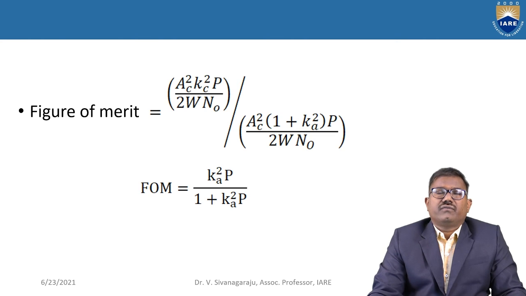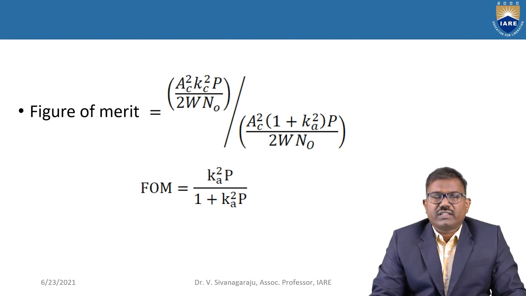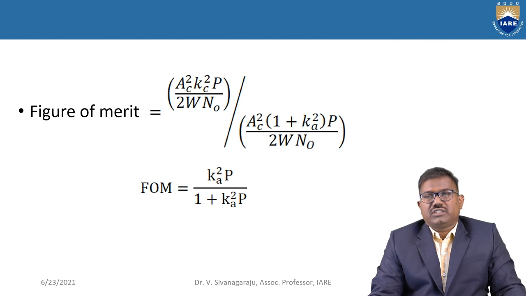So after substituting, figure of merit is equal to SNR output in AM divided by SNR in channel. Okay, so we are going to calculate those terms and cancel this 2 W N naught. So finally you get Ka square P divided by 1 plus Ka square P, where Ka is the amplitude sensitivity. Okay. So this is the figure of merit of AM systems.